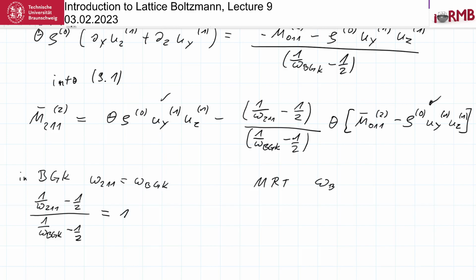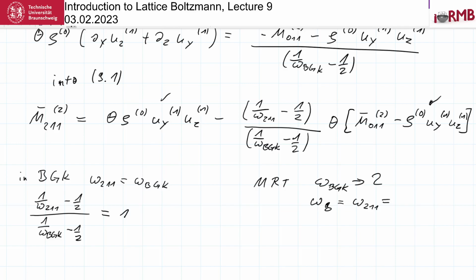MRT says that omega BGK, because we want to have small viscosity, is usually going towards 2, and the ghost moments, which we have here now is omega 211, right?